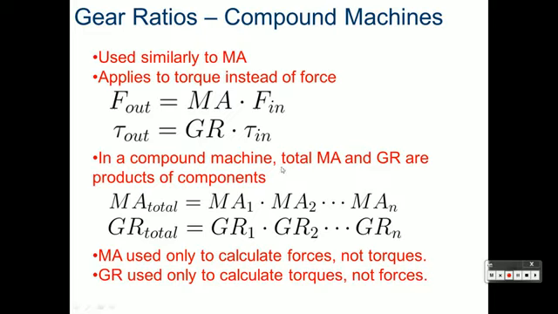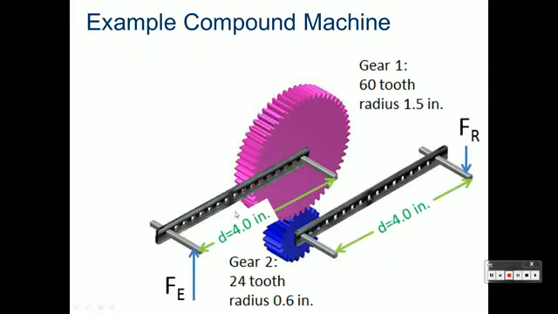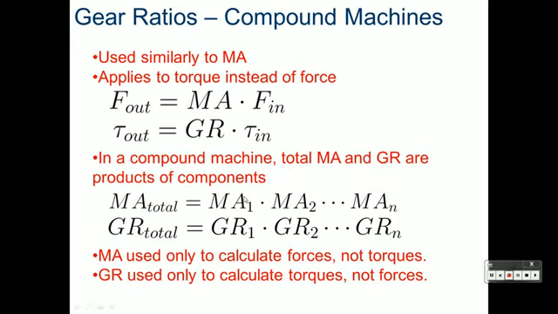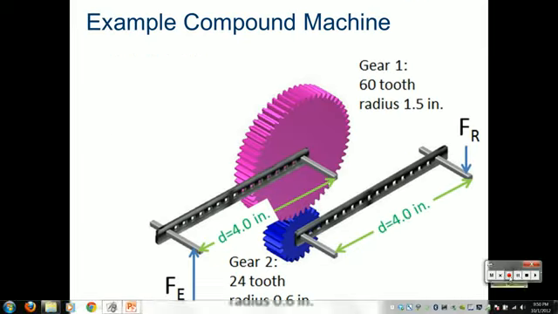In a compound machine, I just multiply each of my different items together to get my final mechanical advantage or my final gear ratio. But keep in mind that we're talking about forces with mechanical advantage, and we're talking about torques, which are a twisting force. It is very different from a standard force.